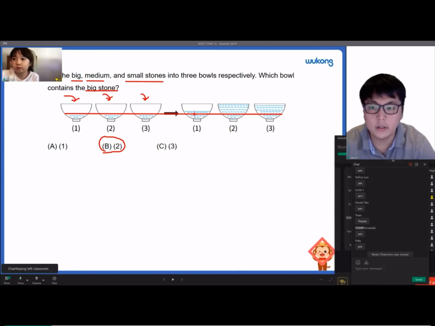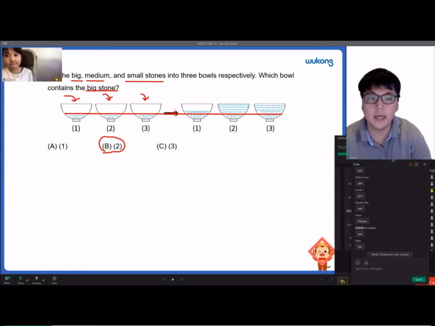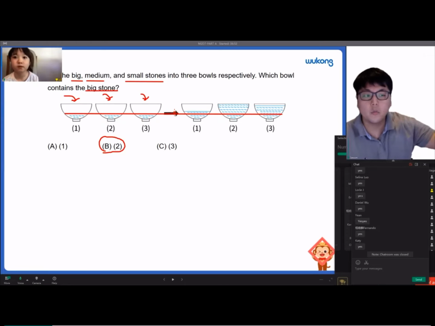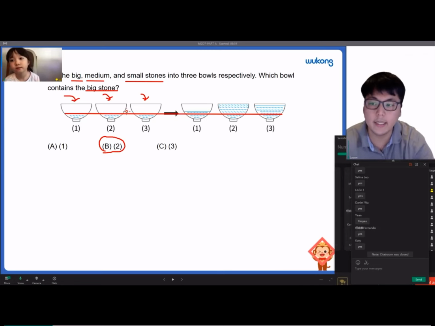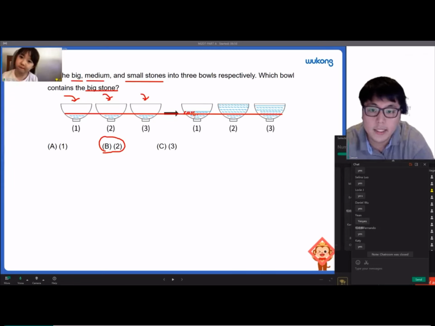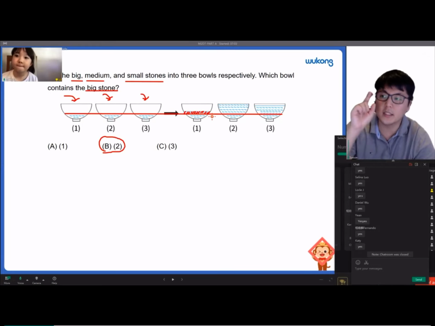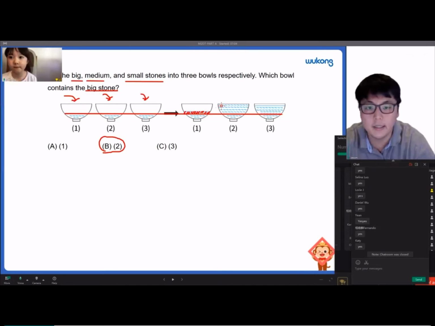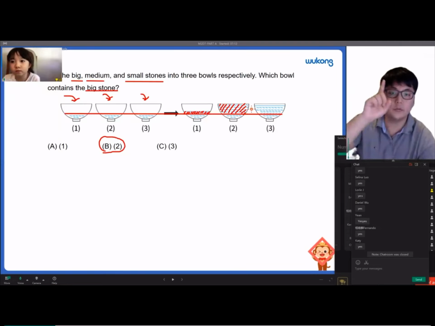Yes, so you can see the red line shows the water level before putting the rocks in, and after putting a rock inside bowl number 1, you can see just a little bit went up, right? Do you agree? And then you can see a big difference.